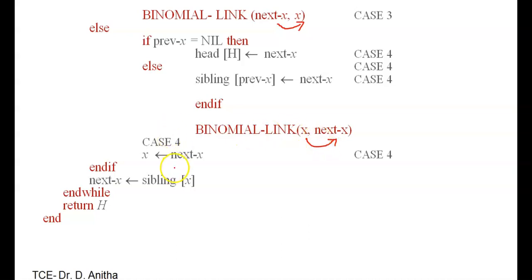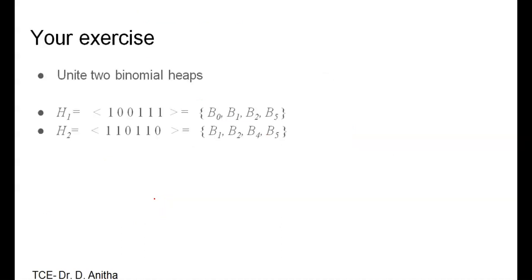Then I am moving with the next x, doing the same thing again. Right? So this is how your merge operation takes place. Okay. So this is a small exercise on how the merging operation applies.